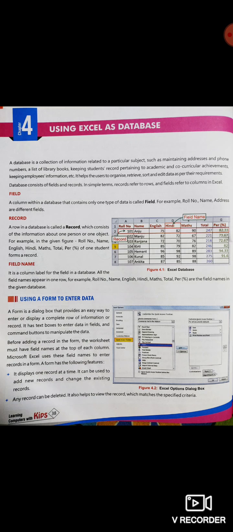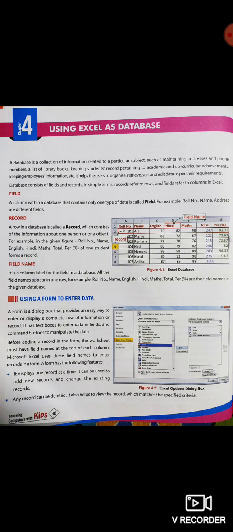Now, before adding a record in the form, the worksheet must have field names at the top of each column. Okay, so if we want to add any record in the form, the worksheet must have field names. If we don't provide the field names, Excel cannot access the particular row or the particular field where we should enter the data.